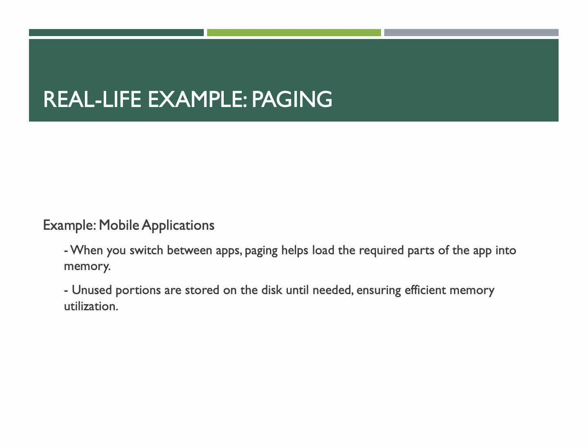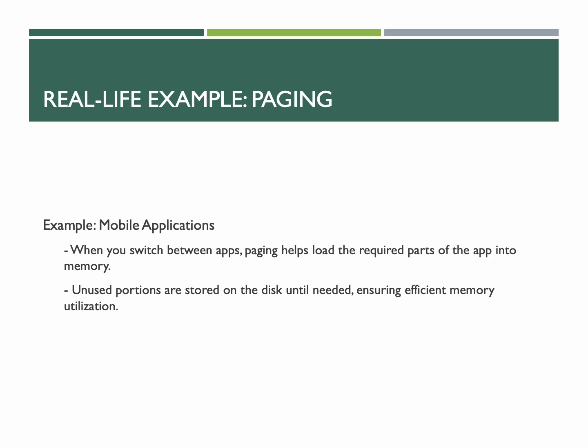Portions of the app that are not immediately needed, such as background data, remain stored on the disk or storage. If you switch back to the app later, only the necessary pages are brought back into memory, ensuring efficient memory utilization without overloading the system.